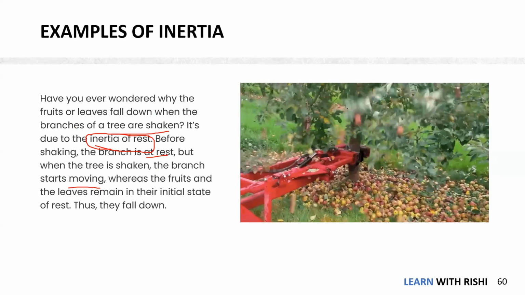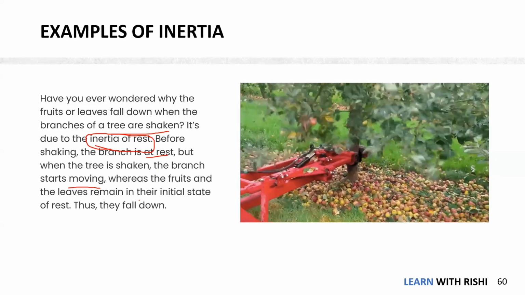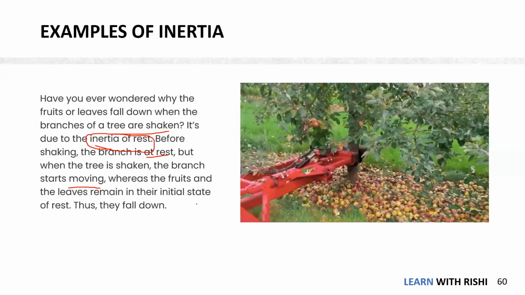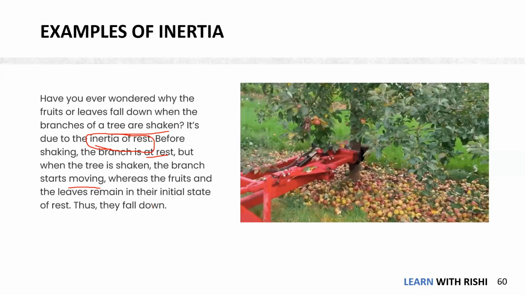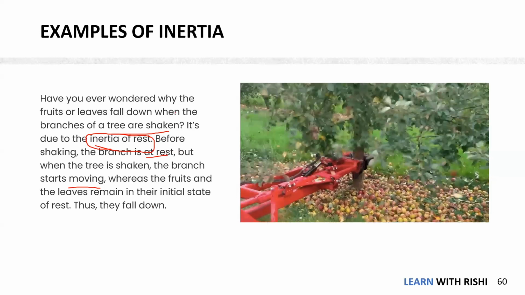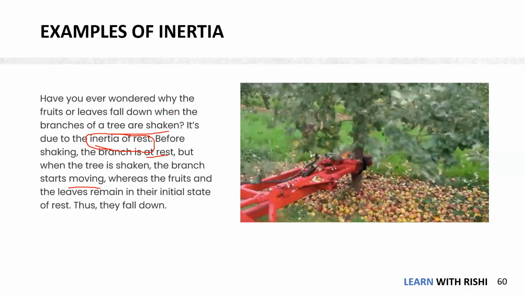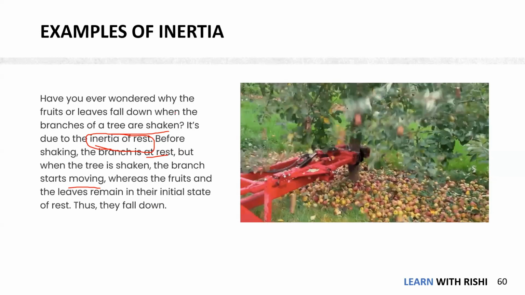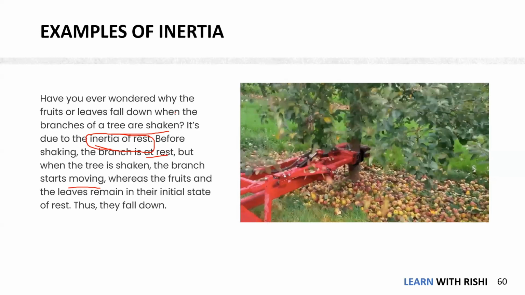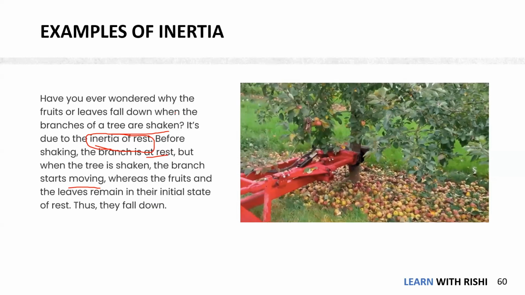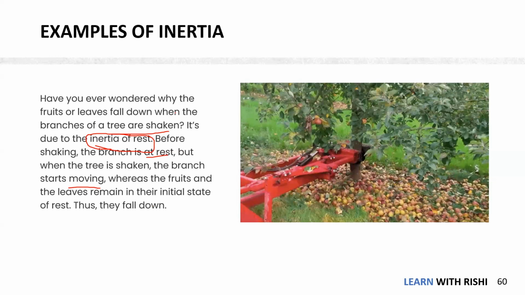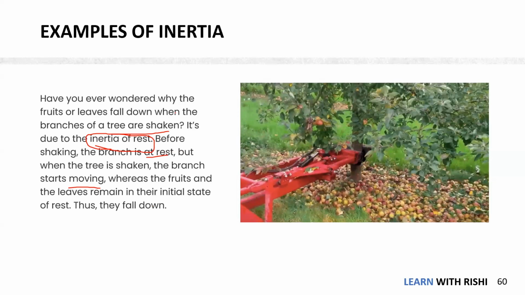So when we apply the force, the branches start moving, whereas the fruits and the leaves remain in the initial state. Thus they fall down. Before, the fruits were all in the state of rest, but as soon as we apply a force on the branches, the fruits and leaves start falling down. So this is an example of inertia.